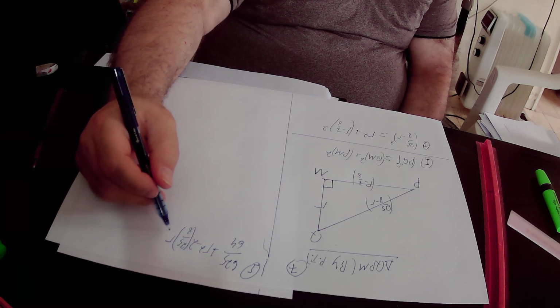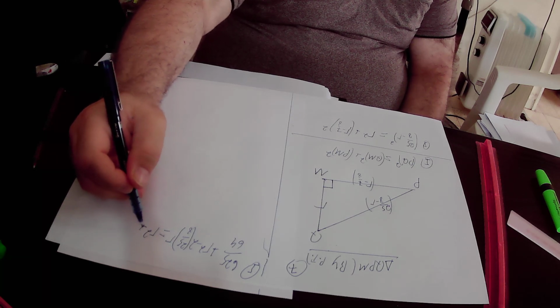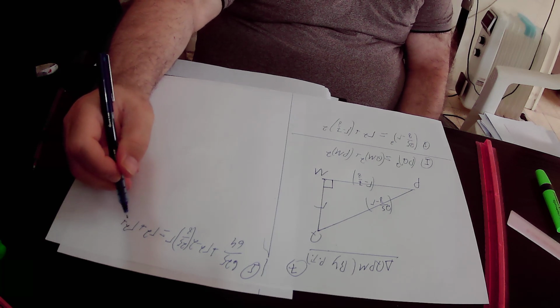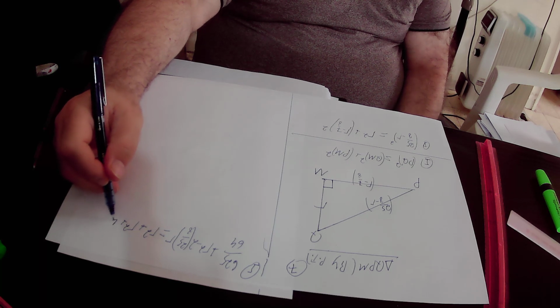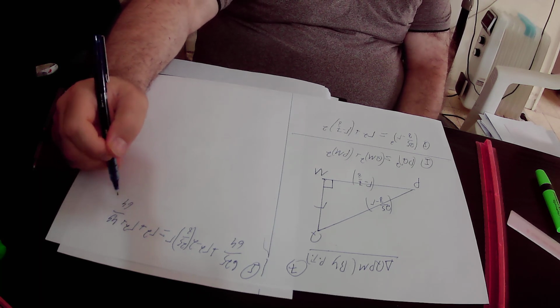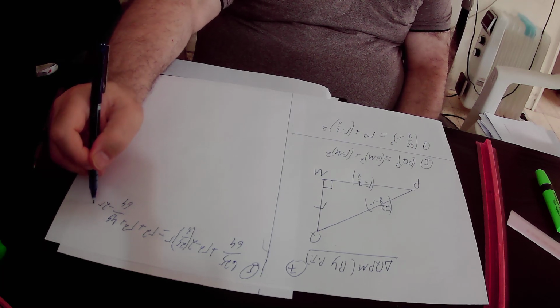And on the other side of equation number 1, we have r squared plus (r minus 7/8) squared, which is r squared plus 7/8 squared, that is 7 squared is 49 over 8 squared is 64, minus 2 times r times 7/8.